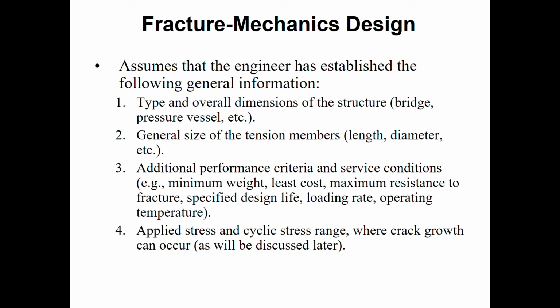Okay, next, let's assume that the engineer has established the following general information. The first one is the type and overall dimensions of the structure, for example, bridge, pressure vessels, landing gear, wing, and so on. Second, the general size of the tension members, which is the length and diameter, has been verified. We already know the general size of the tension members.